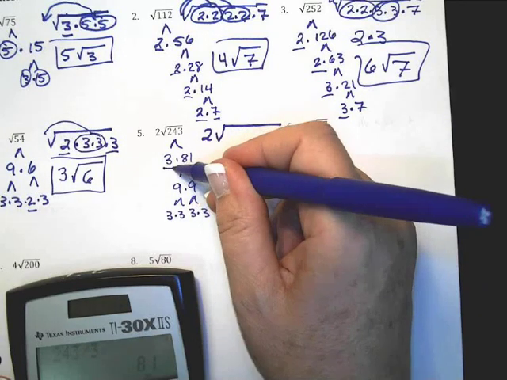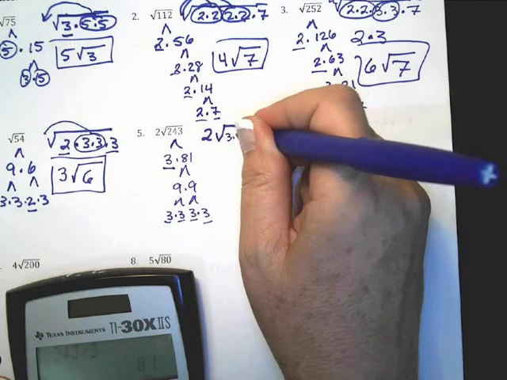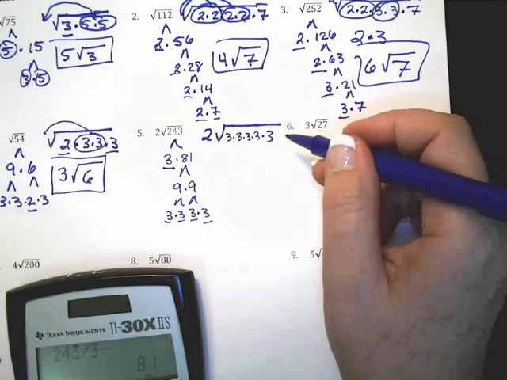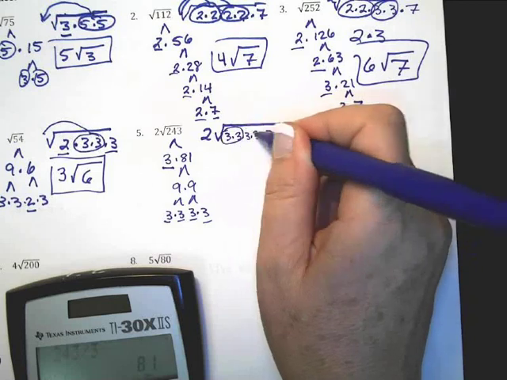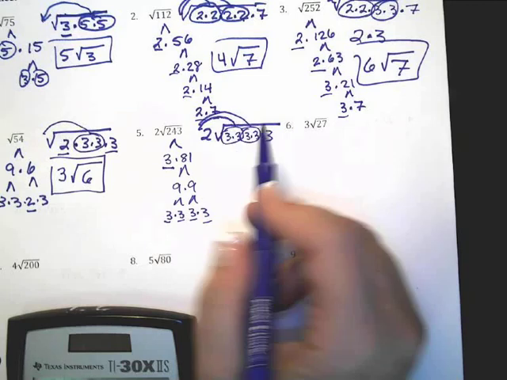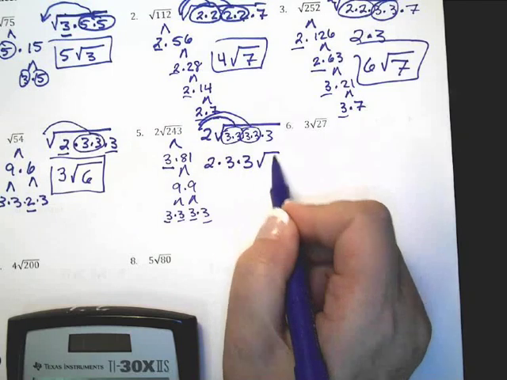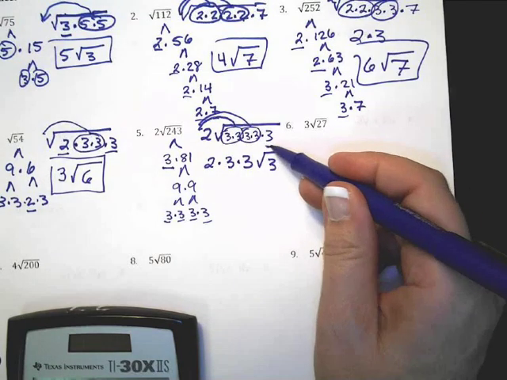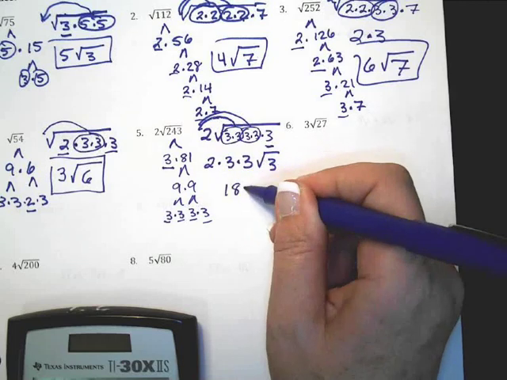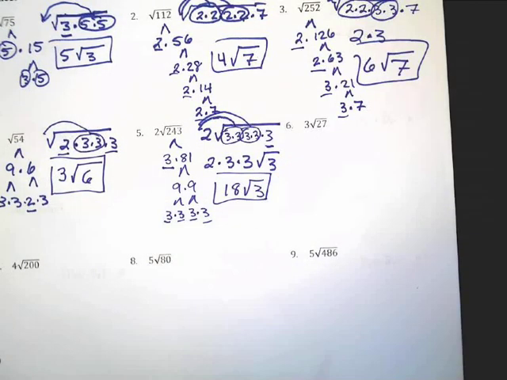So I am counting 1, 2, 3, 4, 5 3's underneath this radical. So from here, let's circle our pairs of 3's. So this pair of 3 comes out, this pair of 3 comes out. So we have 2 times 3 times 3. Underneath the radical is just the 3. Don't forget that 2 that was in the beginning. So 2 times 3 is 6, times 3 is 18. And the loner is the 3 that stays behind.